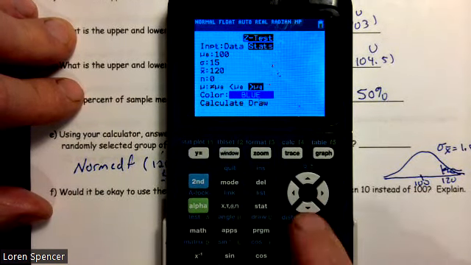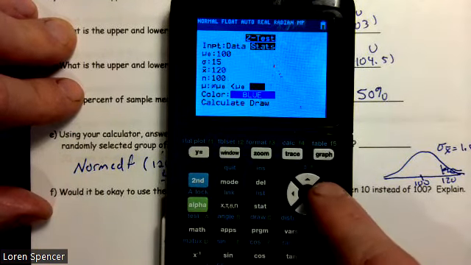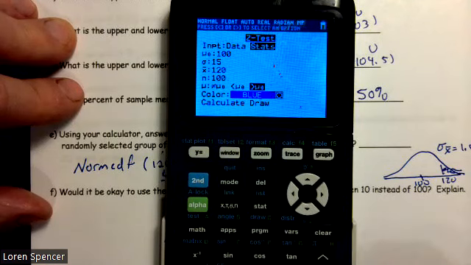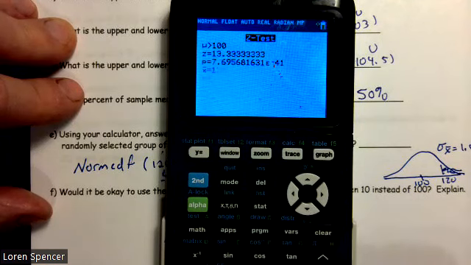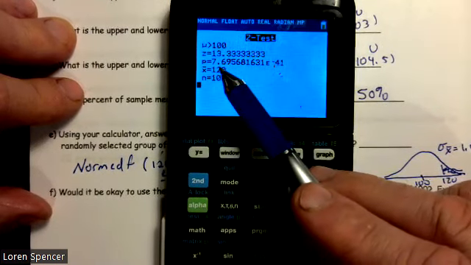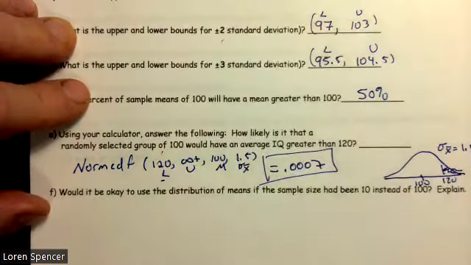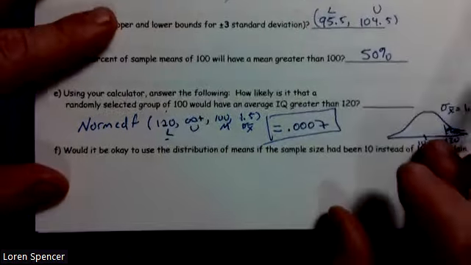The X is 120, but our sample size is 100. And we're going to shade up. And there it is, 0.0076007. So we get exactly the same answer. It's a different way to approach it.